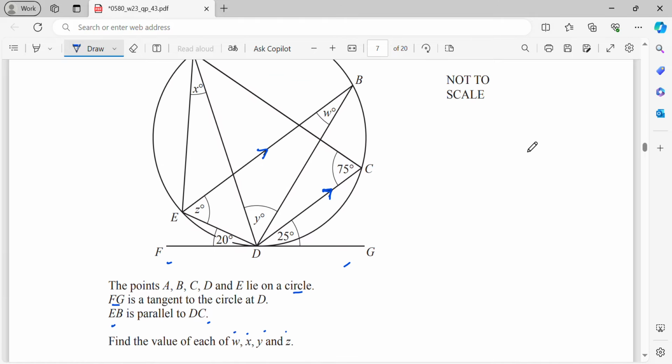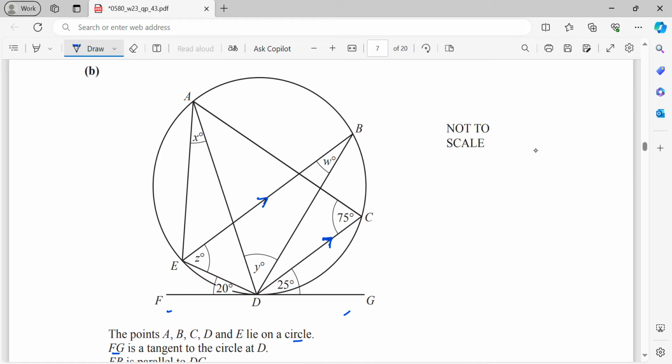Okay, what to do here is, firstly, we know that FDG is a tangent, that means this angle DE, we have to refer to the alternate segment theorem. The angle between a tangent, this FG is the tangent, and the chord ED is the same as the angle subtended by the chord in the alternate segment.